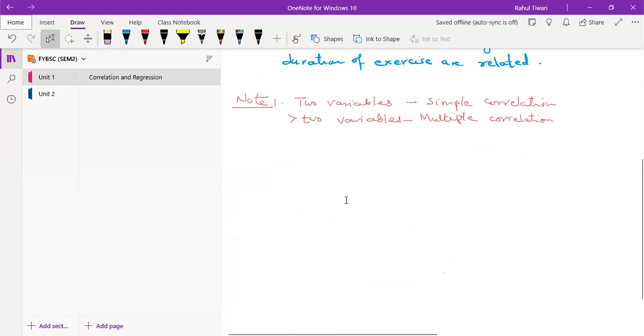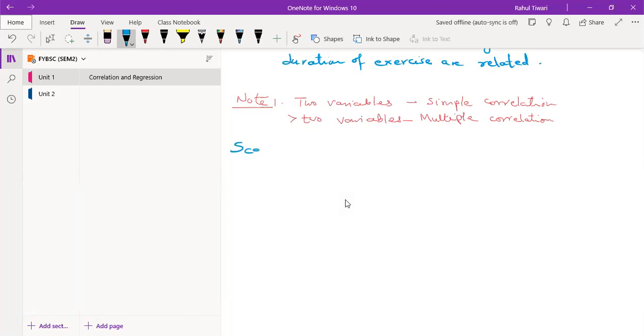So the question arises in the mind: how do we check whether the relation exists or not? Suppose we have been given two variables, height and weight. What could be the next task? How do you decide? There is a concept called the scatter diagram.